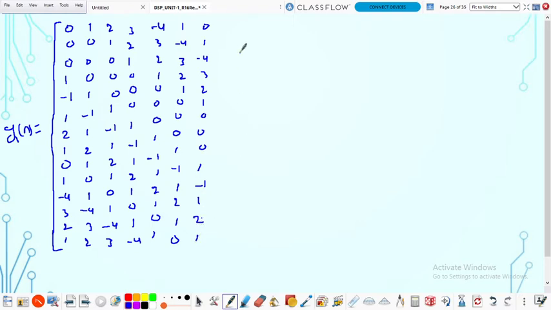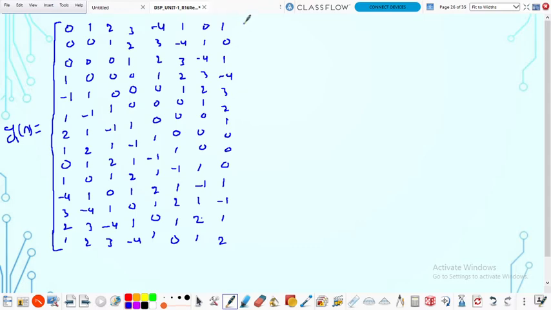Again rotating, we get 1, 0, 1, minus 4, 3, 2, 1, 0, 0, 0, 1, minus 1, 1, 2. Again rotating circularly, rotating 14 times. The number of samples is 14, so the order is 14 by 14, and we rotate 14 times.